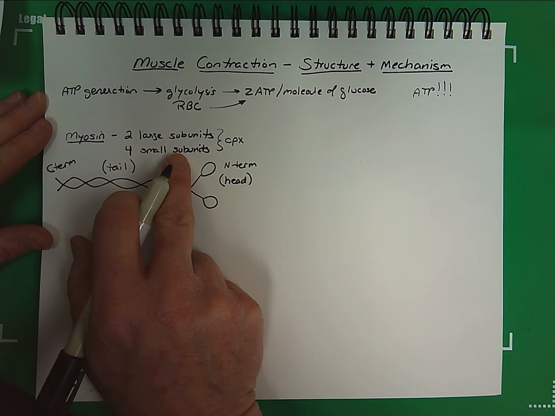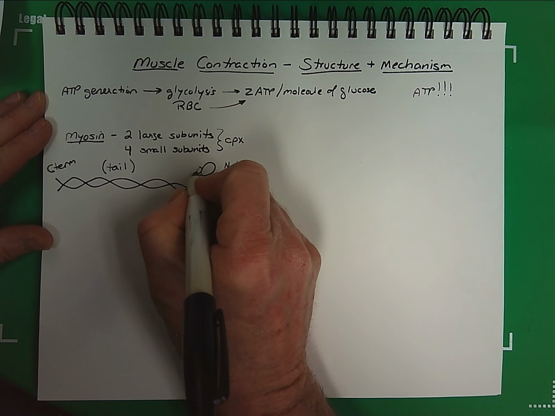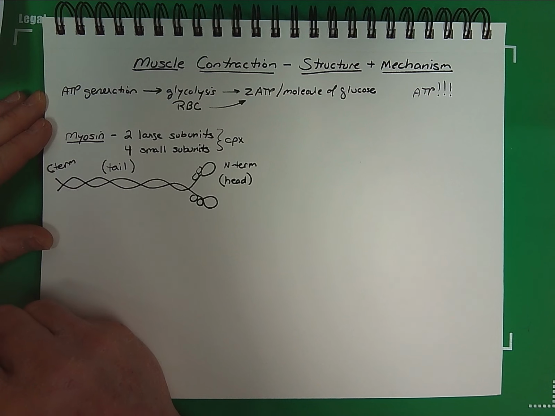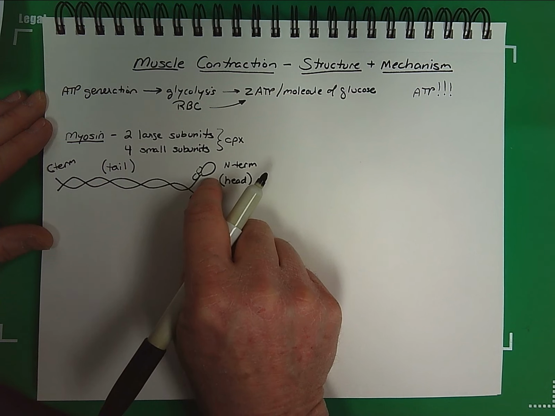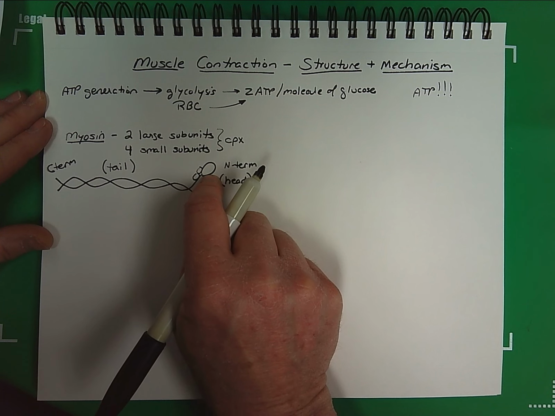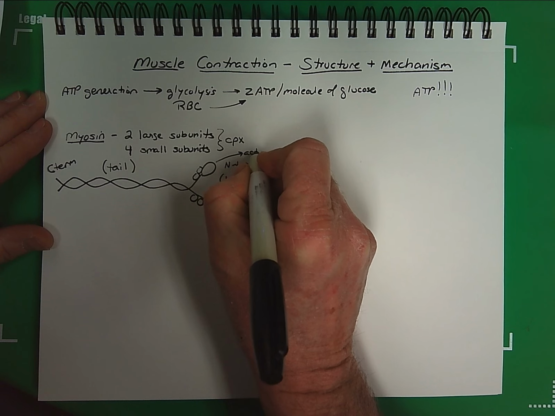Now, the smaller subunits that are part of the myosin complex associate with this portion of the myosin. Important, the tail interacts with other myosins. The head of myosin will interact with actin.